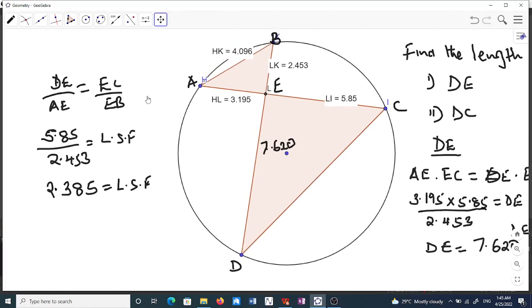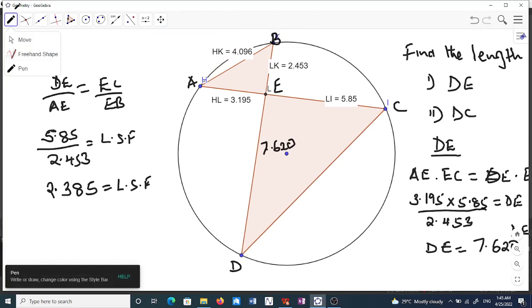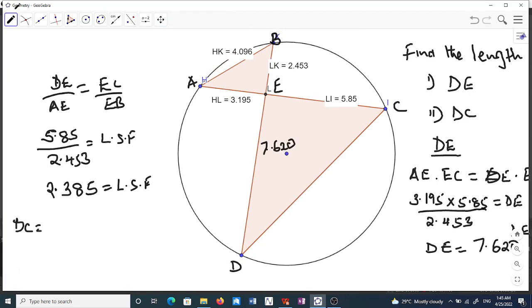So DC is equal to the linear scale factor 2.385 times the smaller side, which is 4.096.